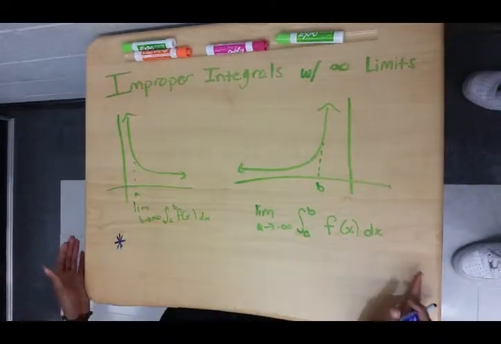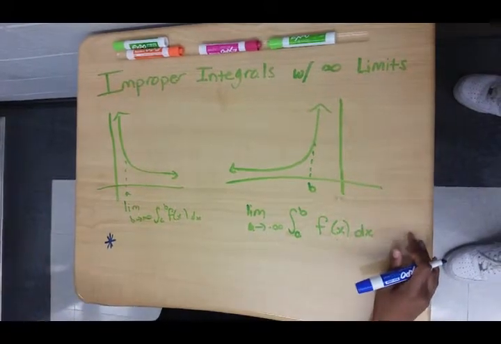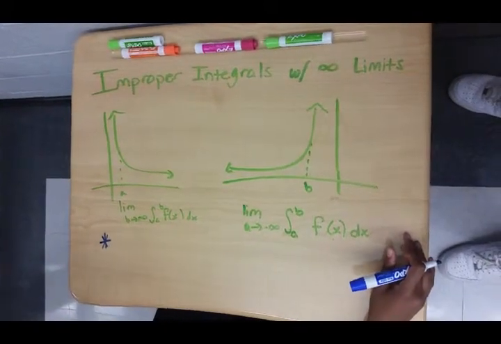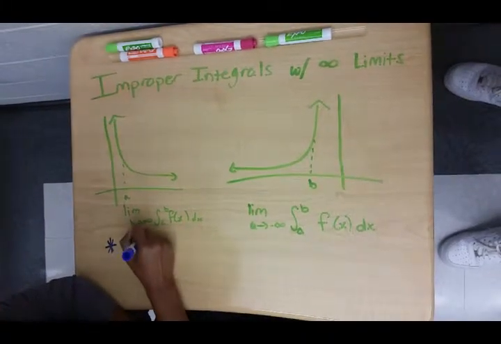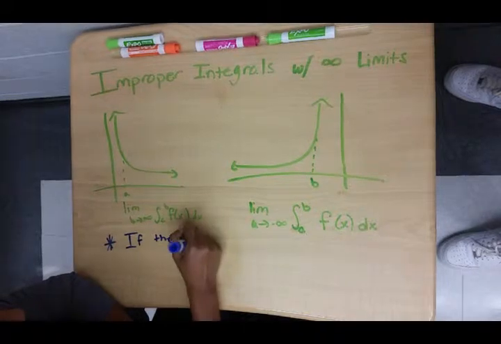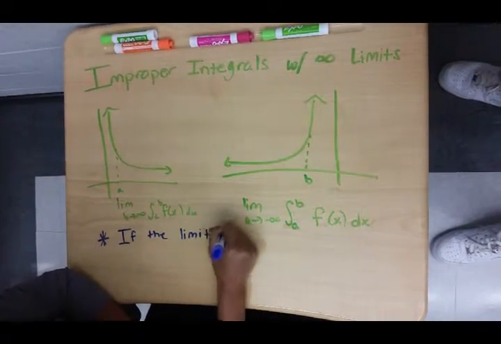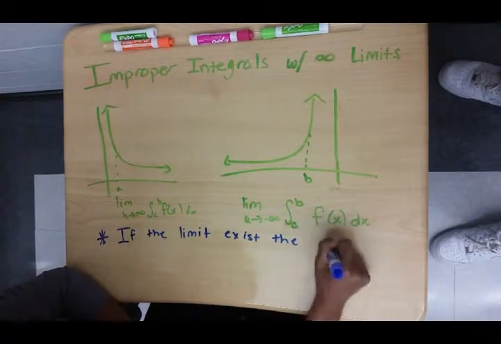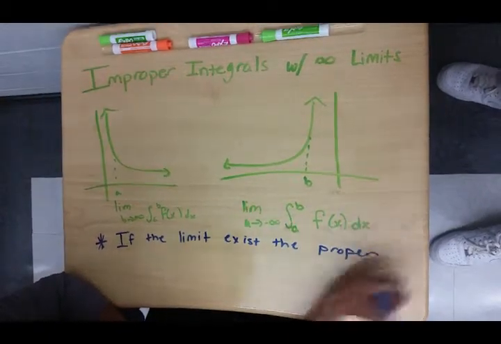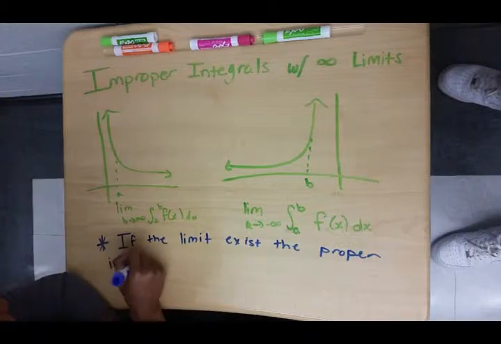Okay, so like I said, I just showed you these two improper integrals with limits going to infinity. But an important note about both of these is if the limit exists, the improper integral converges.